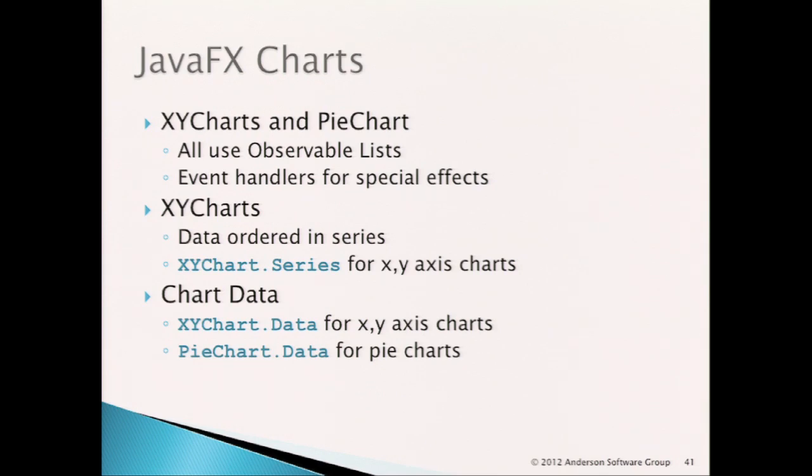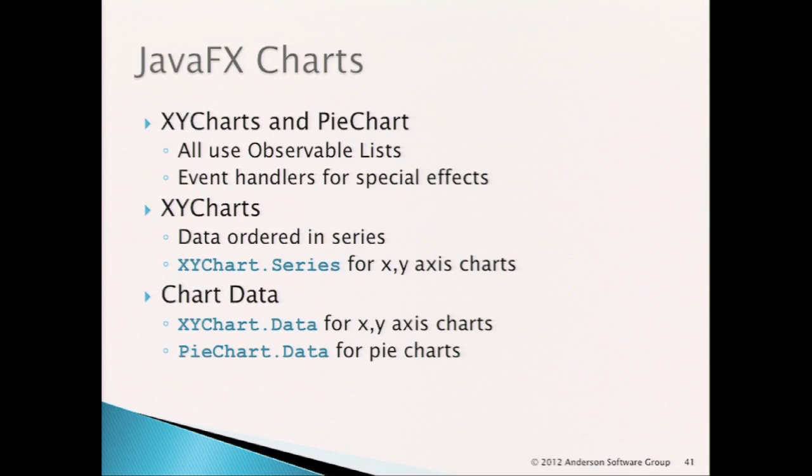Now, XYCharts have a concept of the data being ordered in a series. Okay? In fact, XYChart.Series is something that you would use on your XY axes for these charts. So in the SDA, remember we had 4 years, right, between 2008 and 2012, and then we had 6 series in each year representing the 6 companies that you saw in the data.